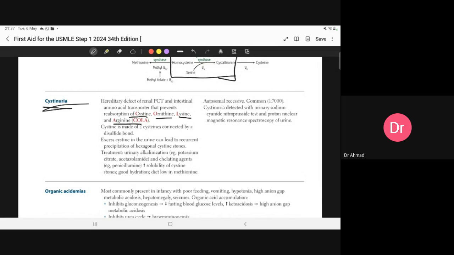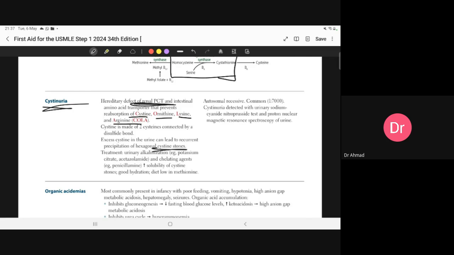Okay, so you see excretion of these amino acids, and you can form cysteine stones. Why do you form cysteine stones? Because you have a deficiency in the transporters that help with reabsorption from your PCT and your GI tract. So you can form stones. How do you treat it? Urinary management.